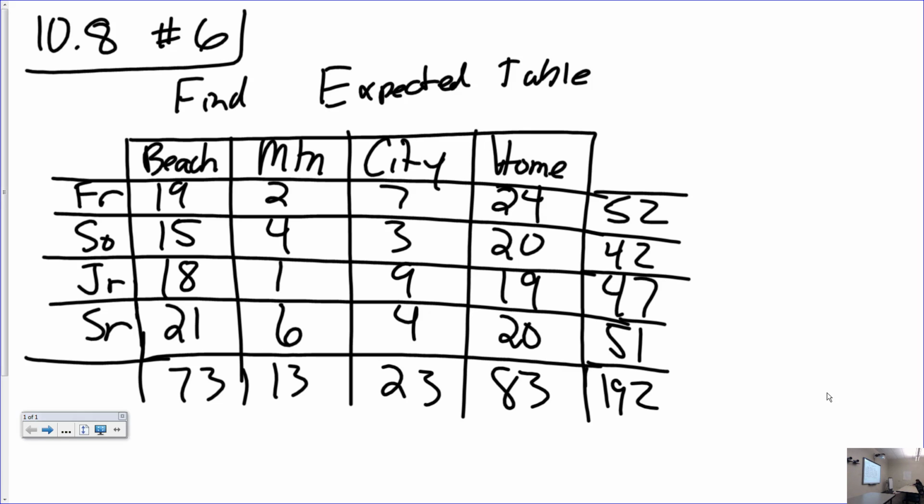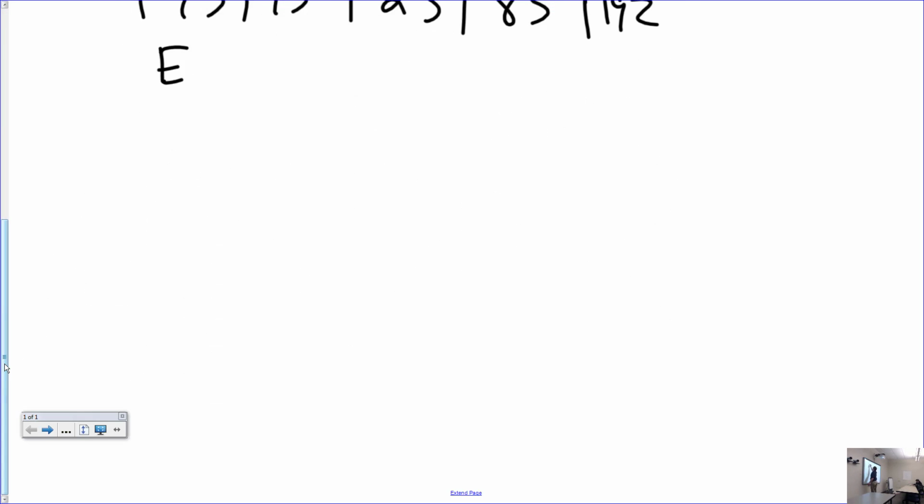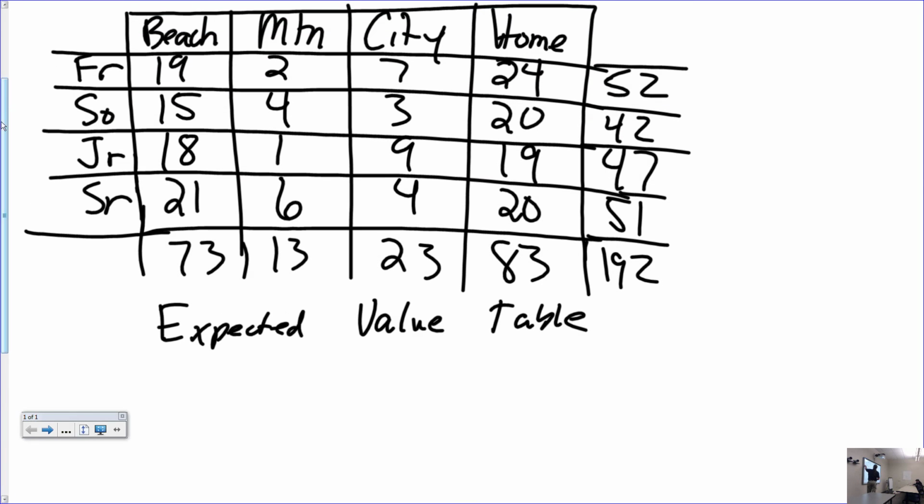So, 10.8 number 6. I assume this is just find the expected values. So note the expected value table will have the exact same format, right?